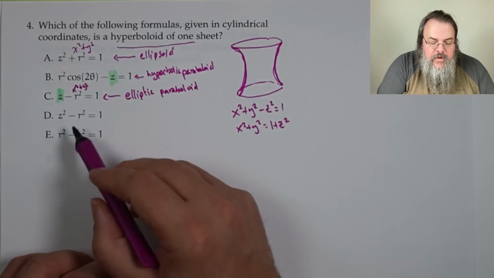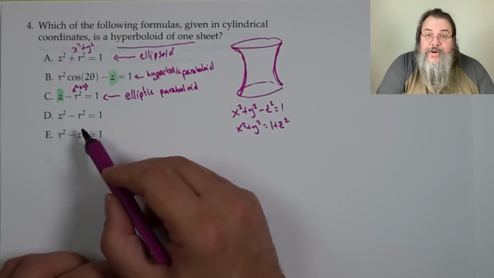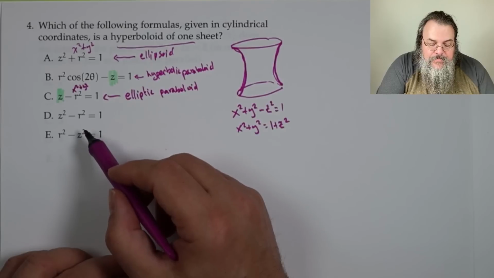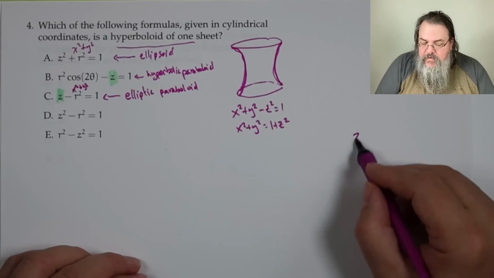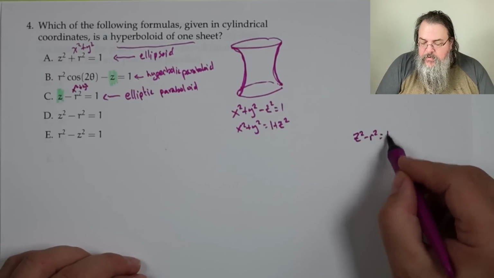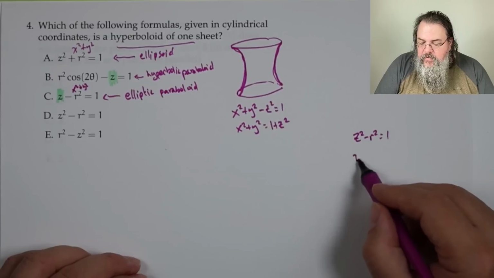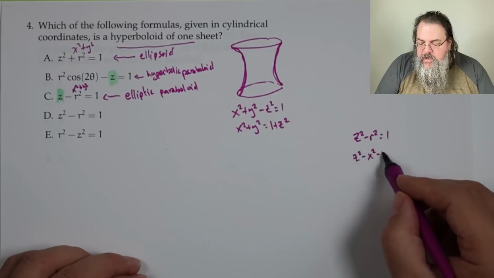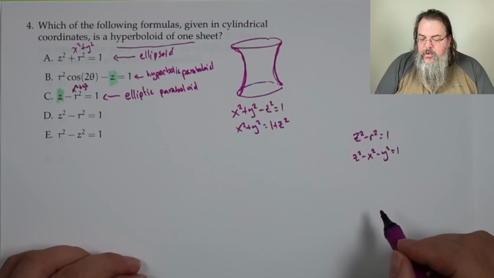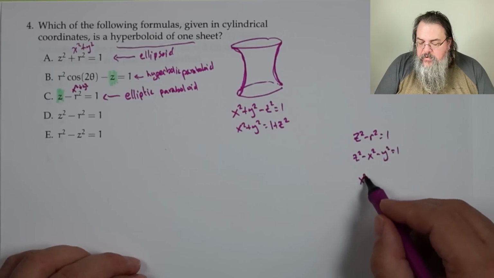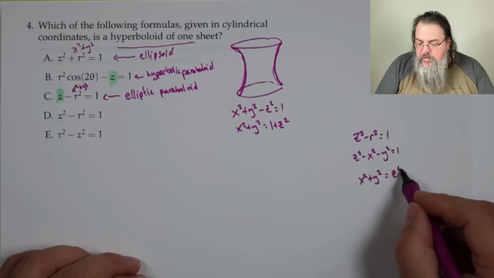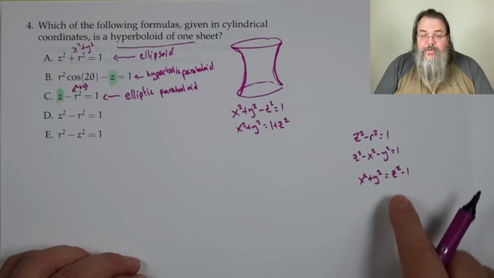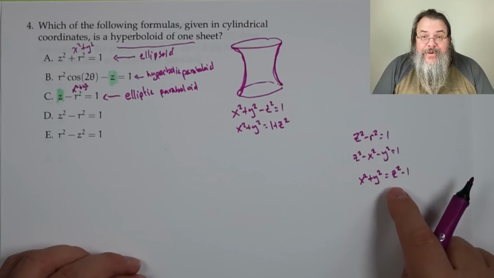How about this one? z squared minus r squared equals 1. Now, what's that going to do? If we look at z squared minus r squared equals 1, well, that's like z squared minus x squared minus y squared equals 1. Or, x squared plus y squared is equal to z squared minus 1. Now, notice what happens if you plug in z equals 0.